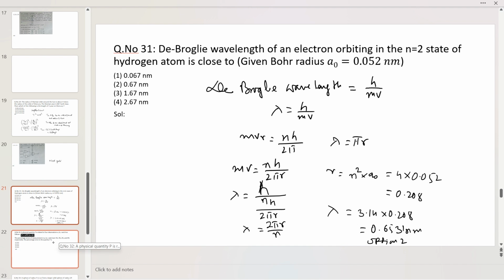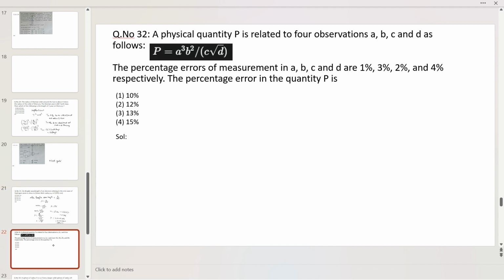Now I'm going to the second question. In your second question, you have to find the error. This is very easy to find.